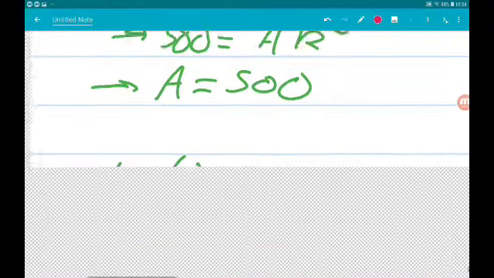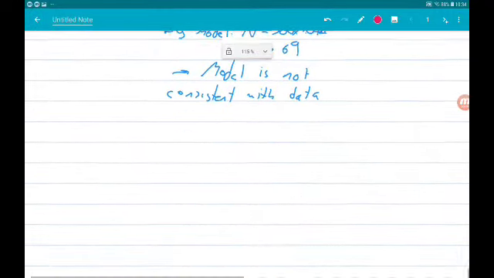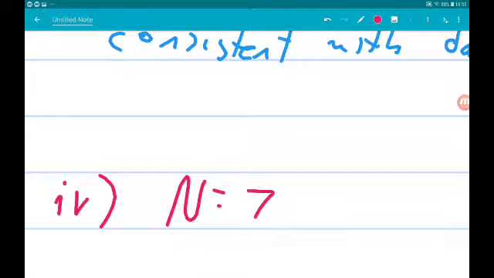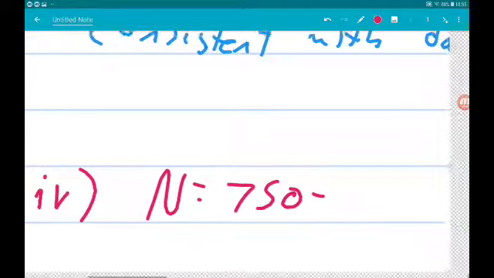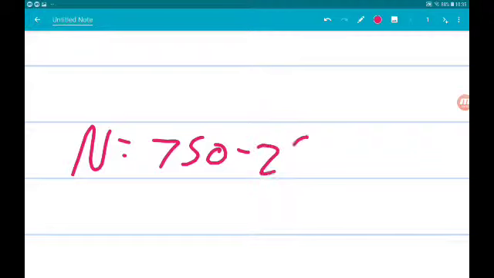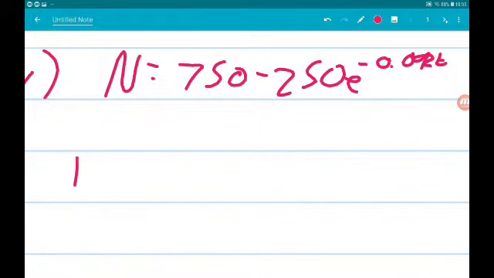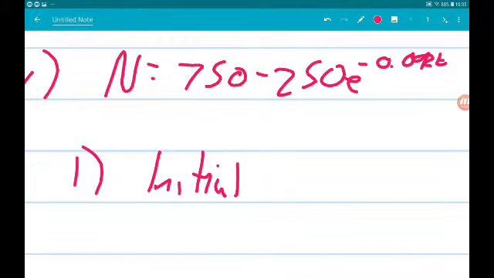Okay, so n is 750 minus 250e to the minus 0.092t. So let's try the initial data.